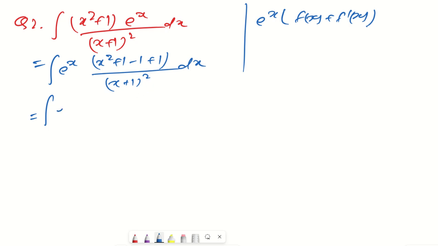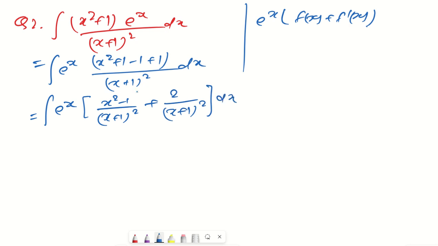So I can write it as e to the power x into [(x square minus 1) by (x plus 1) whole square plus 2 by (x plus 1) whole square] dx. Now you already know that x square minus 1 is nothing but (x plus 1) into (x minus 1), so one of the x plus 1 will get cancelled.